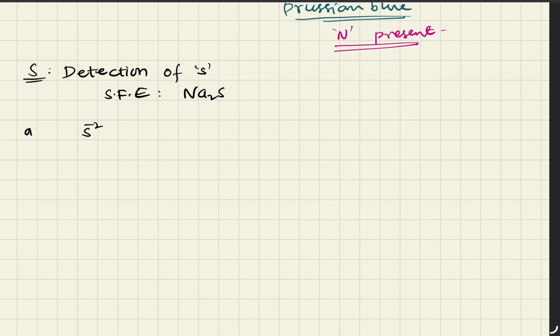First, this sodium sulfide reacts with lead acetate. In that half reaction I am writing Pb2+. Then it gives PbS, and a black precipitate forms. The black precipitate confirms that sulfur is present in the organic compound.